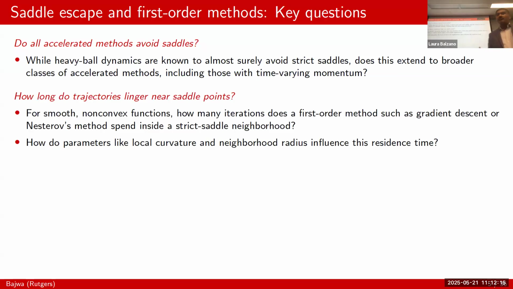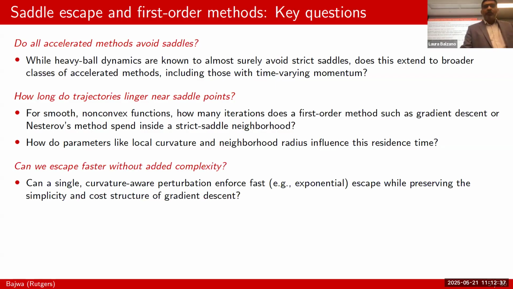But even going back to just non-accelerated methods, just gradient descent, how many iterations does the gradient descent method spend within a saddle neighborhood? And how quickly can it escape? Can we set up some conditions that will allow you to escape it faster if you have those necessary or sufficient conditions known? So we want to set up an algorithm that doesn't require a lot of added complexity.